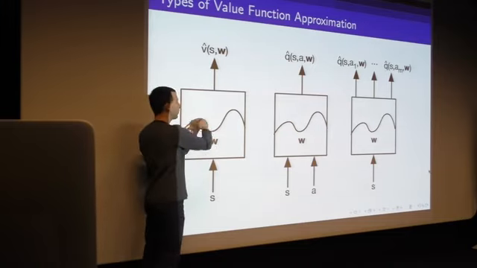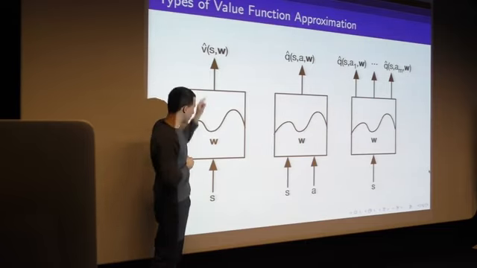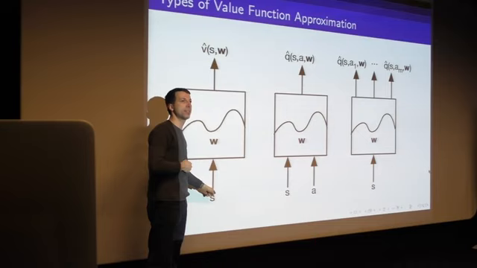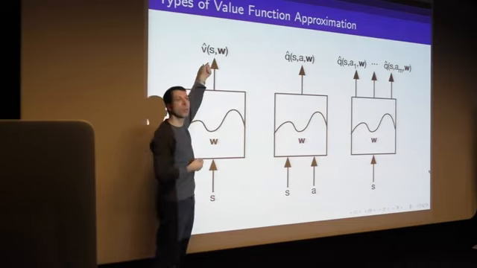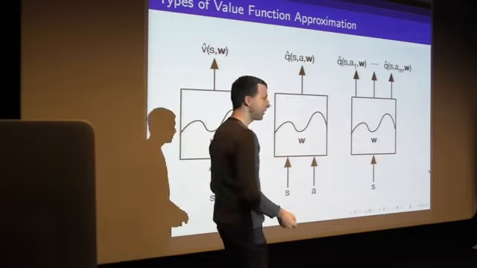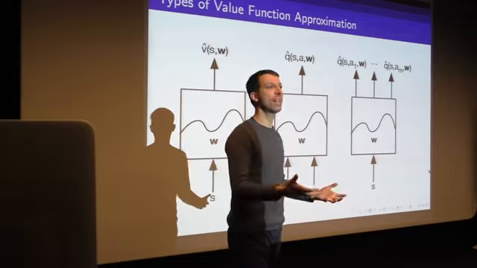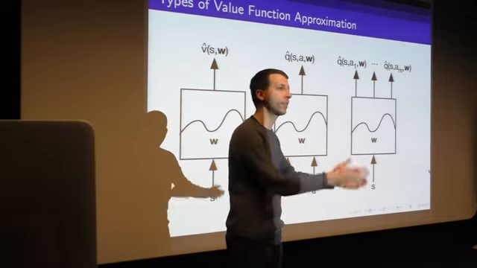And the way in which w affects this is just part of this black box. We don't worry about that. What this thing is going to spit out is the value function at this query state s. So we feed in s, and this thing estimates how good it is to be in s. So we feed in, I'm in this state over here, and this thing says, aha, you're going to get 7.6 units of reward discounted over the rest of your trajectory.